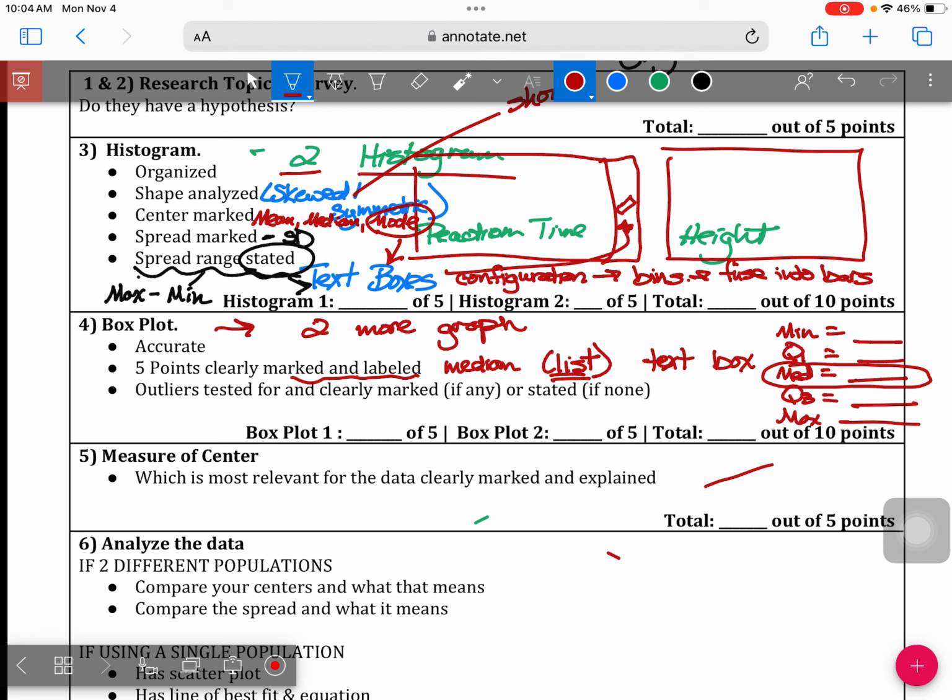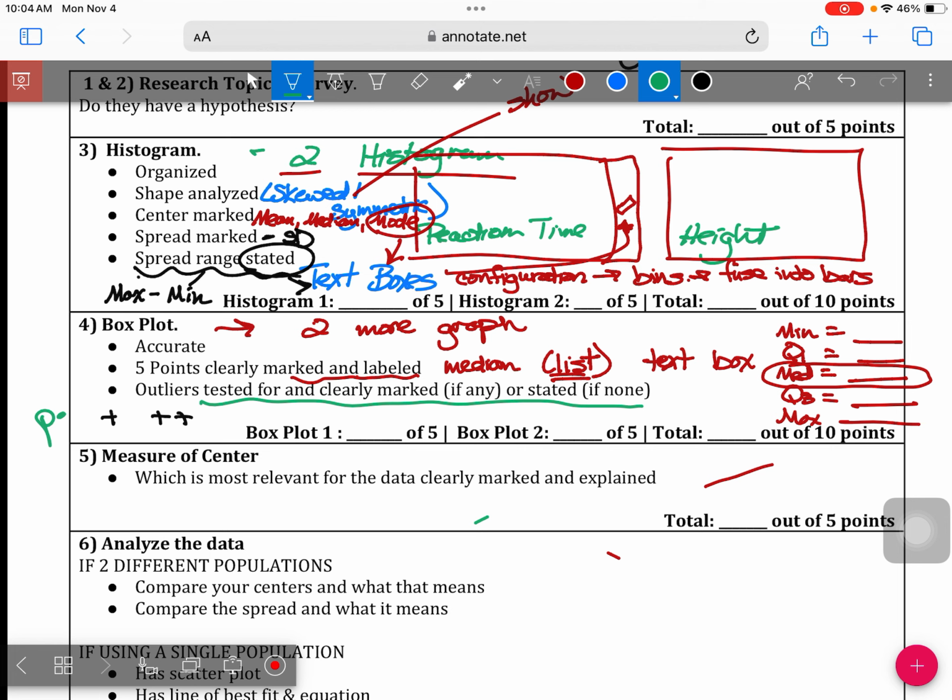Outliers tested for. Outliers, yes, they are shown with little plus signs, but you have to show me the math. And that you are going to do, it is back in your book on page, I'll find the page. Did I write it up here?